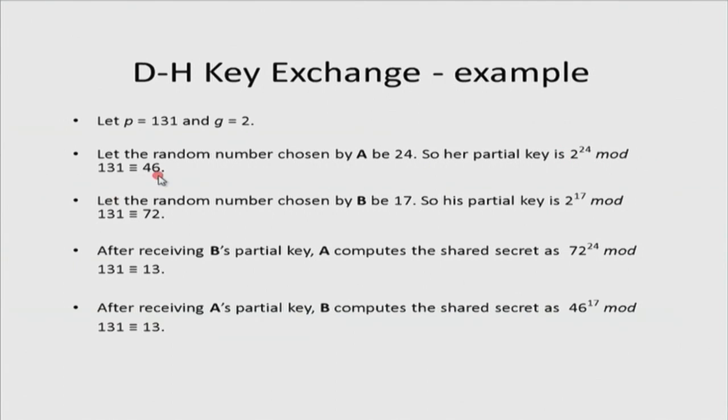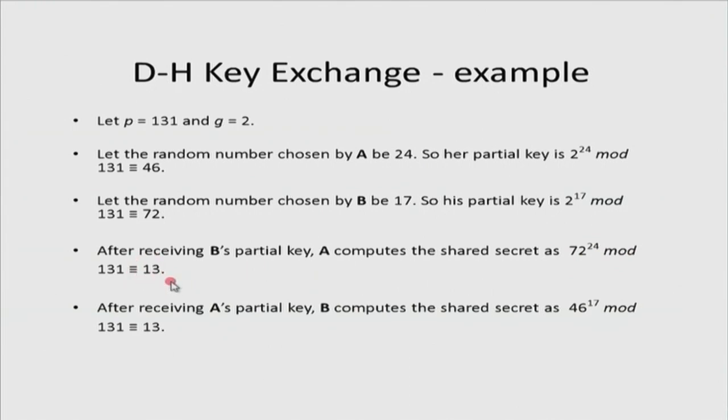So she sends 46 to him, and he chooses 17 as his secret, computes 2 raised to 17 mod 131, which is 72, and he sends this to her. And after receiving B's partial key, she computes the value 72, the value that she got from him, raised to her private key, which is 24, which she chose in this step. So she computes this value mod 131, which is 13.